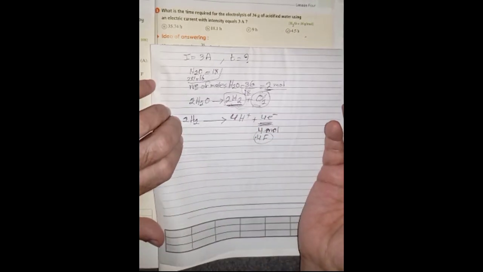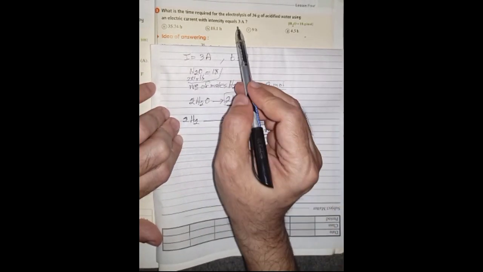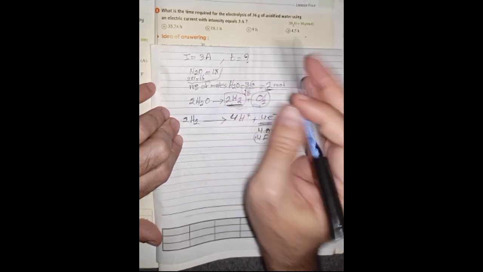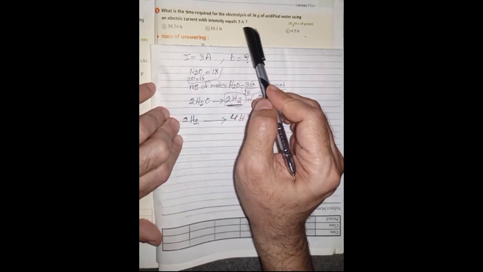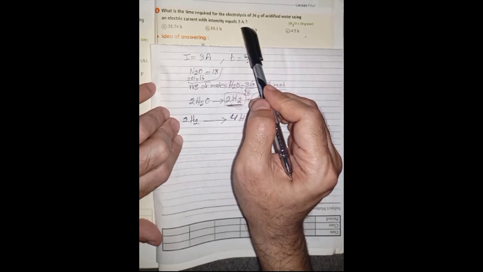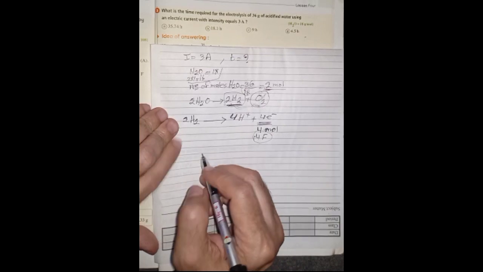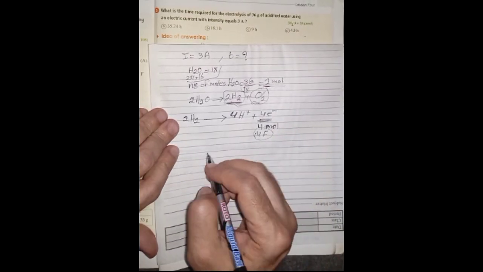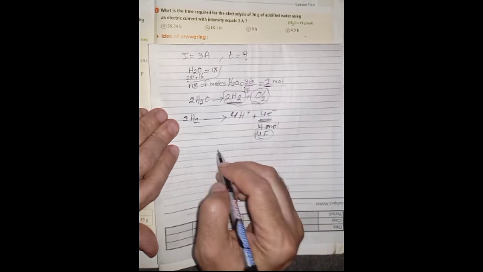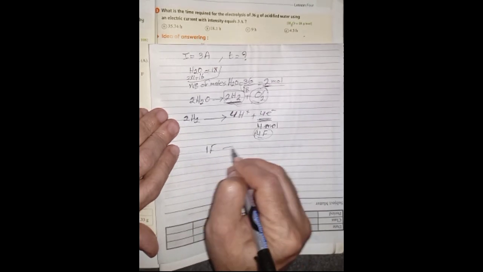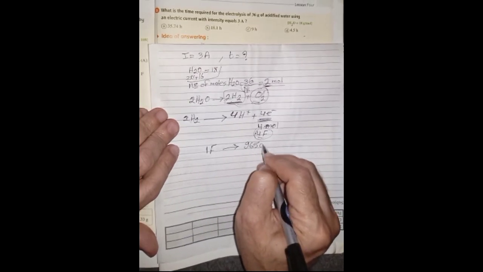So what is the problem here? He gives us the ampere and wants us to calculate the time. So we have to know the quantity of electricity first. Okay, 4 hydrogen require 4 Faradays. 1 Faraday equals 96,500 coulombs.